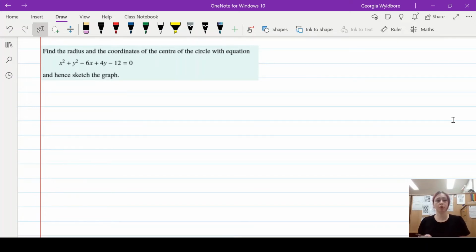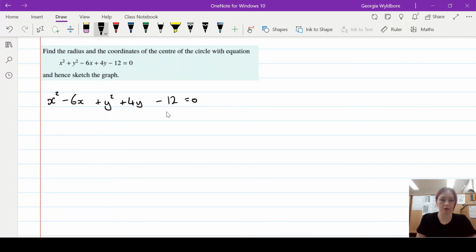I'm going to group my x's and y's back together. I know when we were rearranging, we just separated them all, but completing the square becomes a lot easier when you're working with things all together. So we're going to rewrite this as x squared minus 6x plus y squared plus 4y minus 12 equals 0.